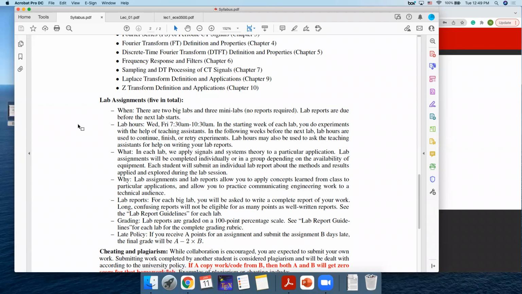For the first 2 labs, there's no lab report, so you just need to submit the assignment. For the last 3 labs, you need to organize all your results, pictures, all kinds of stuff, and put them into a short technical report using the template that I provided, and then submit the technical report and the assignments.